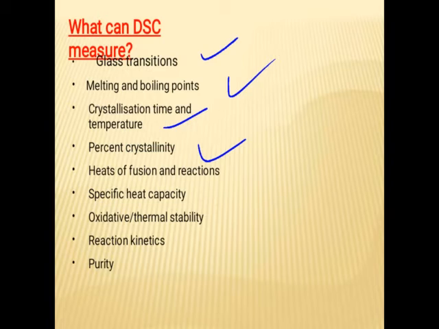Then heat of fusion and reaction can be determined. Then oxidative thermal stability, specific heat capacity, reaction kinetics and purity can be determined. So these are the different measurements we can make with the help of the differential scanning calorimeter.